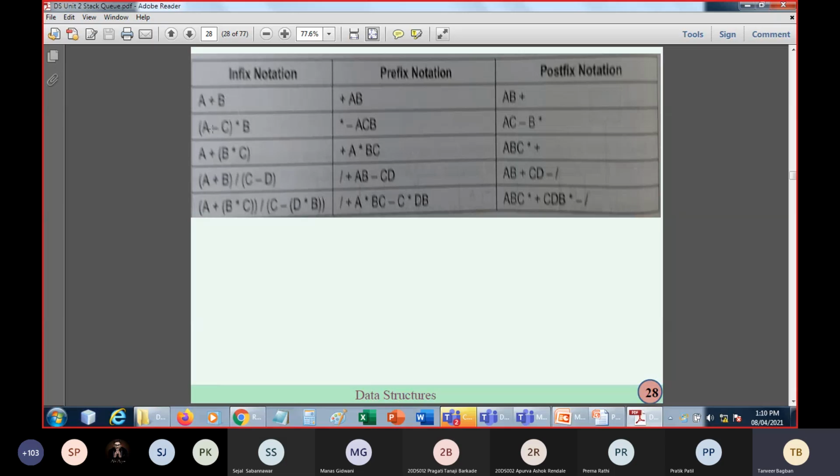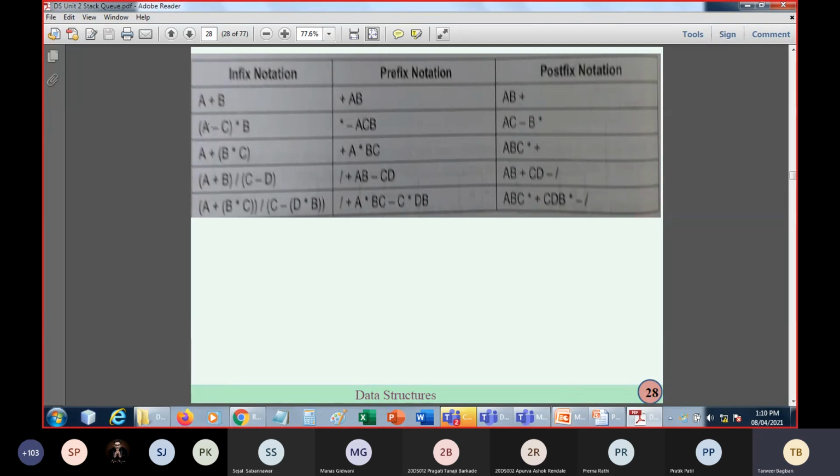So then you can see similar notation for other complex expressions. Suppose you want to convert this infix into the prefix. First you need to solve the bracket. Bracket means first preference you have to give to the bracket for the conversion. So first this expression needs to be converted into prefix notation.